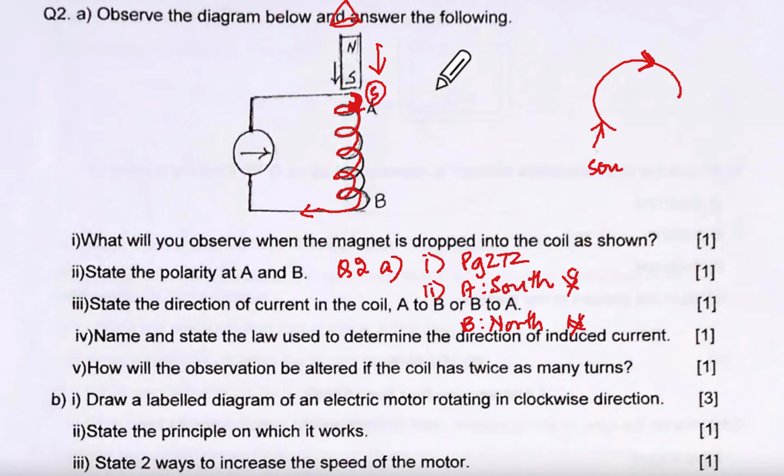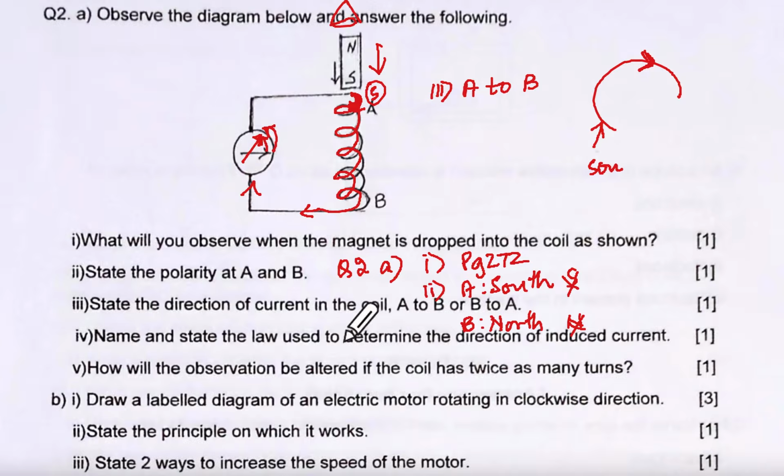So right away the third part. What is the third part? A to B. Okay. Now if it is going like this, the deflection will be where? It will be this side. Understanding? If they tell you to copy the diagram and show the deflection, because the current is going this way, the deflection will show this direction.